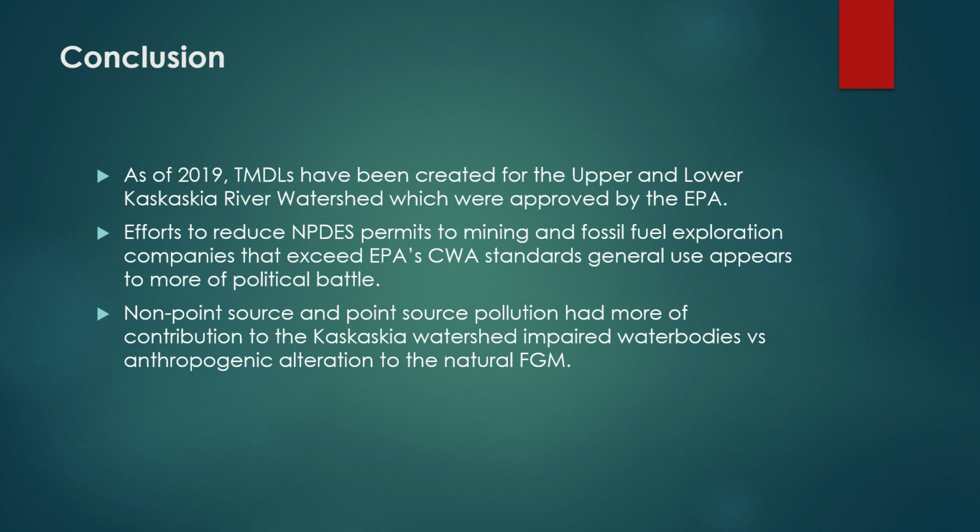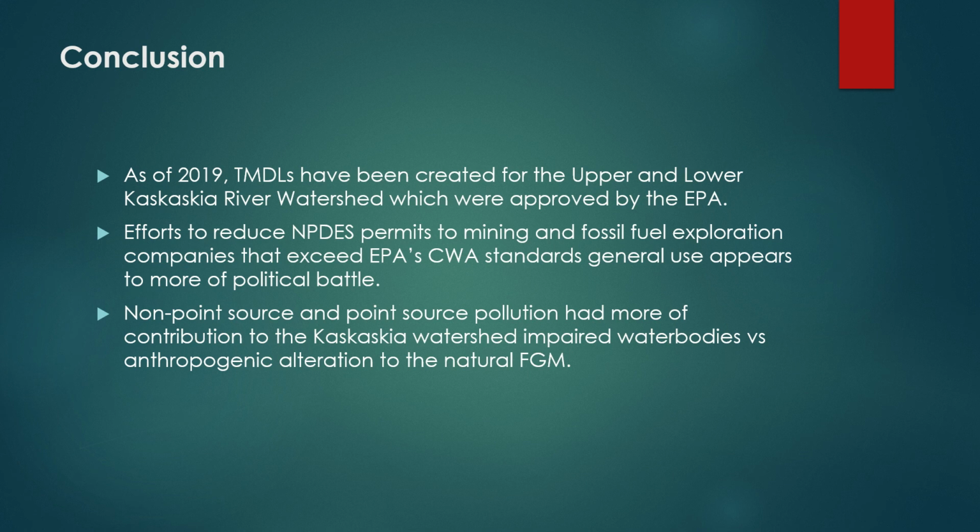And then non-point source and point source pollution. Kind of goes back to the very beginning. Ultimately the literature points to non-point source and point source pollution having more of a contribution to the Kaskaskia watershed impaired water bodies versus anthropogenic alteration of the natural fluvial geomorphology.